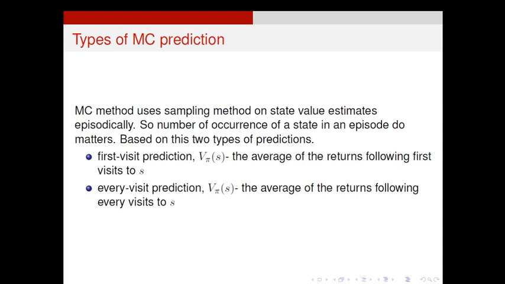I already covered 3, but due to this snake bite I come back to 3 again. This is my second visit. In this case, I do not consider that visit for calculating the return, so the second visit will be discarded from calculating the average, because I have already covered that state initially. But in every visit prediction, it is not like that. I count the return of a state as many times as it occurred in a particular episode.